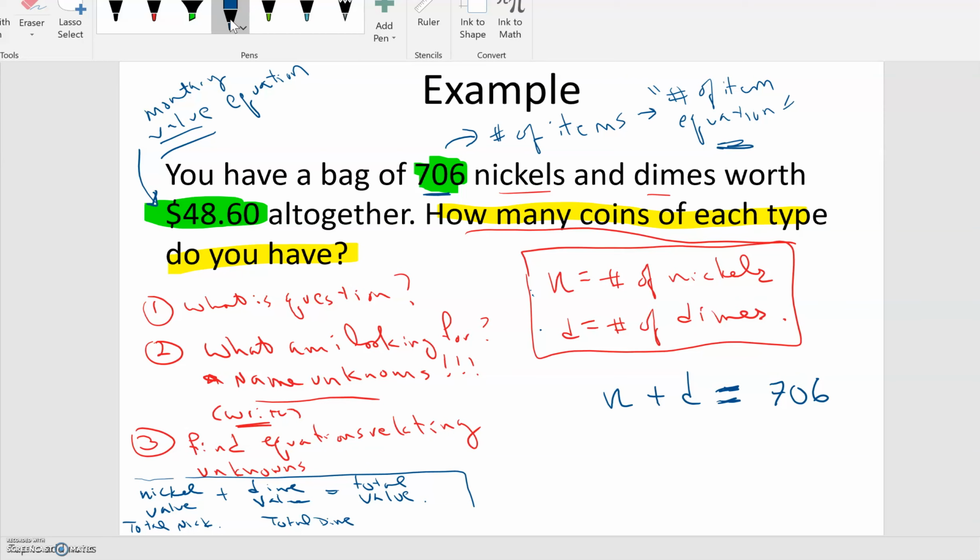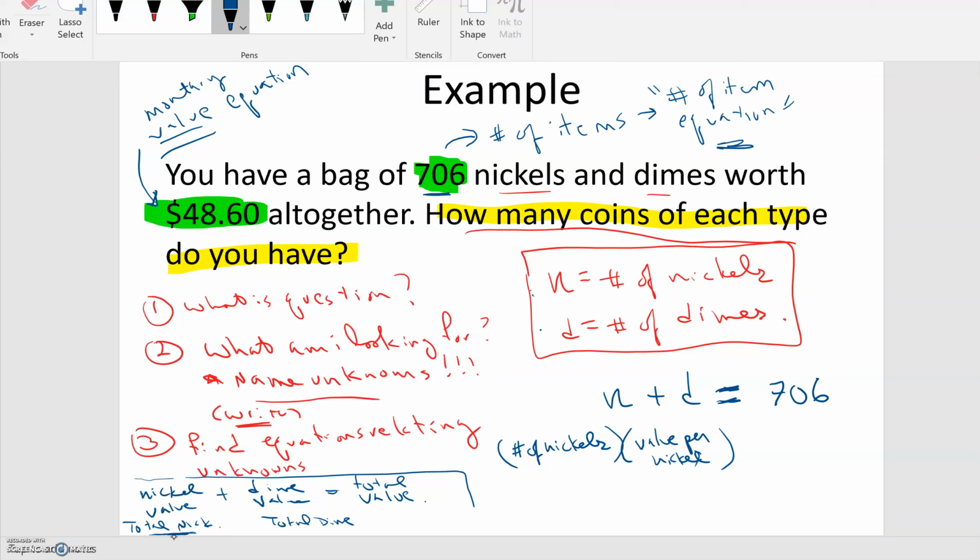Why I'm being careful about that is because the total nickel value means the number of nickels times the value of each nickel. Let's say the total nickel value is the number of nickels multiplied by the value per nickel.